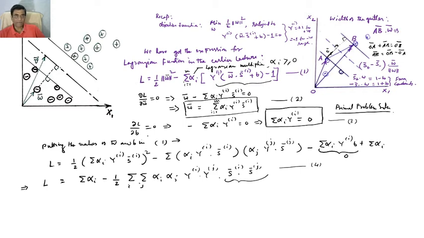Now, for the future, what extra can we get? Since we have w, I can put the values of w and reconstruct the Lagrangian function like that. So half w square minus, if you do this little algebra, you can see alpha i y sub i x sub i dot x sub j alpha j y sub j.